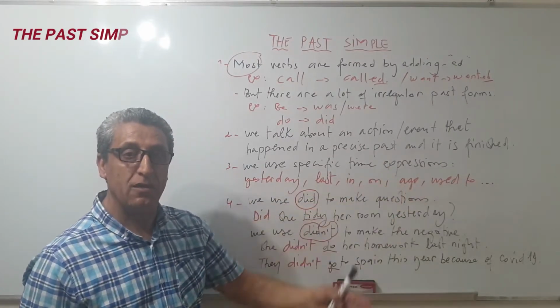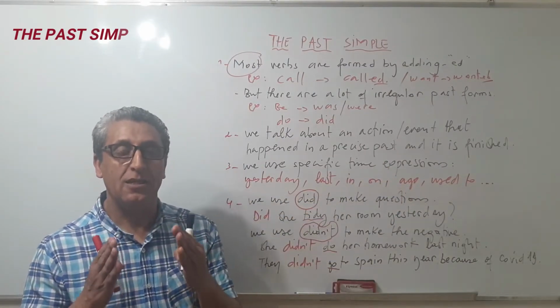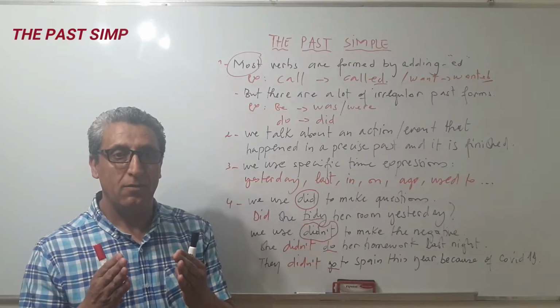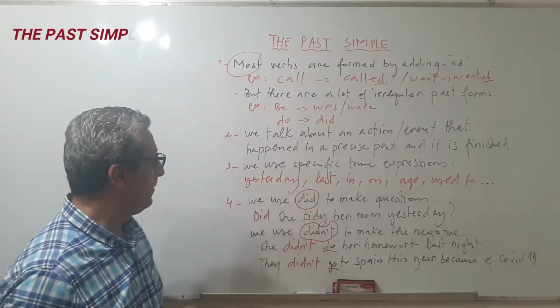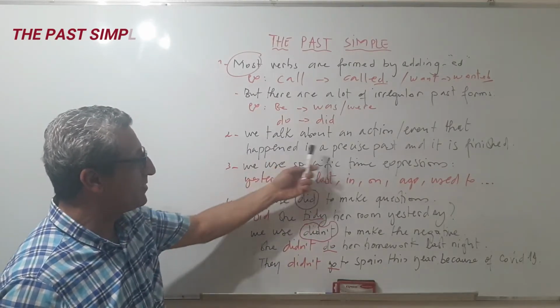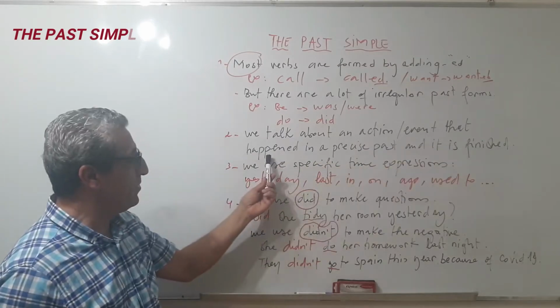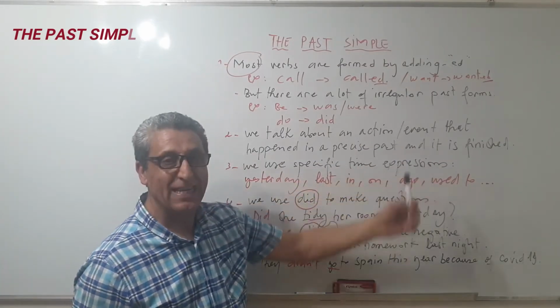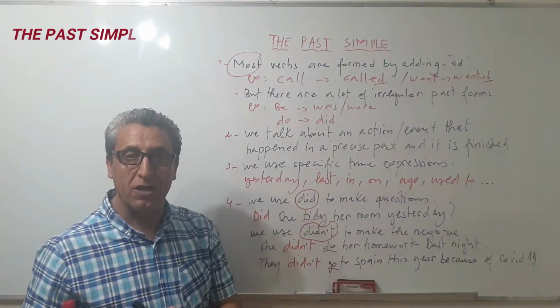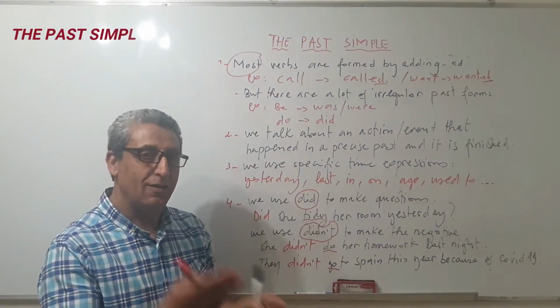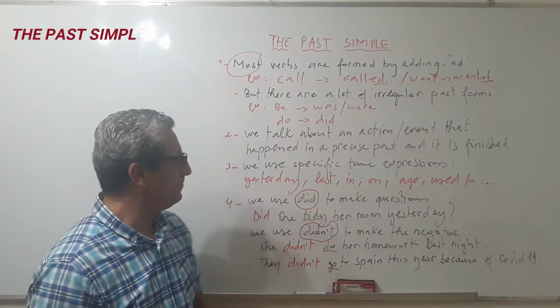So it happened in the past in a precise time, okay? We will see this with time expressions. So the action or event has nothing to do with the present. It happened in the past and it is finished.